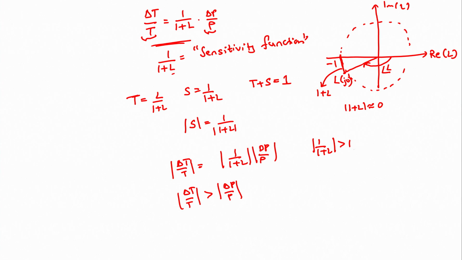In other words, we would end up with a closed loop system whose response is more sensitive to plant parameter variations in this frequency range than that of the open loop uncertain plant itself.